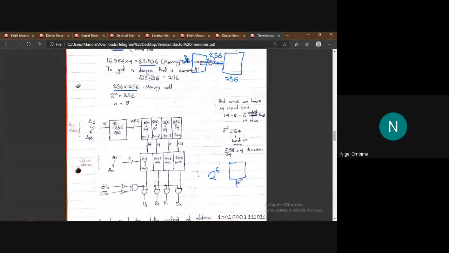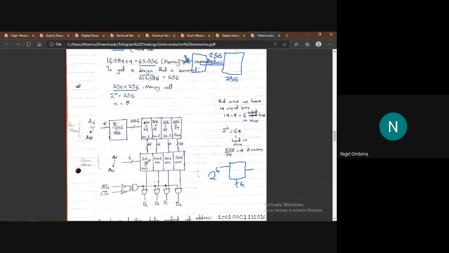So this side will be select lines, which will be 6, then this will be the output because a multiplexer has one output. So now the input will be 2 power 6 which is 64. And remember we got our memory cell matrix as 256 by 256.